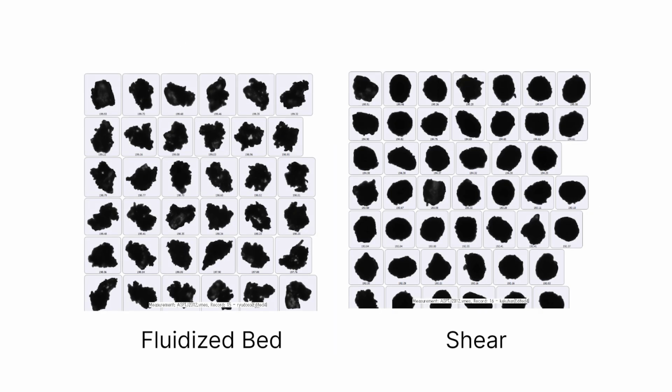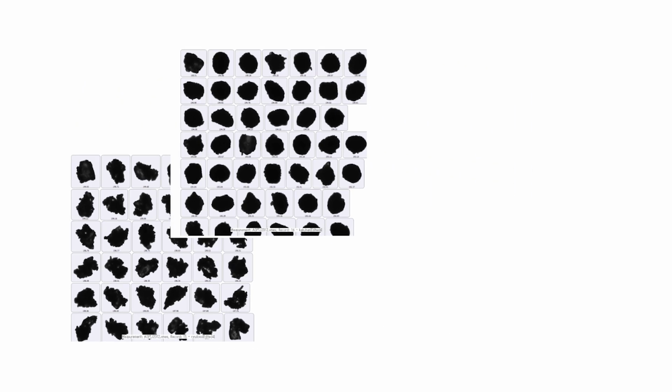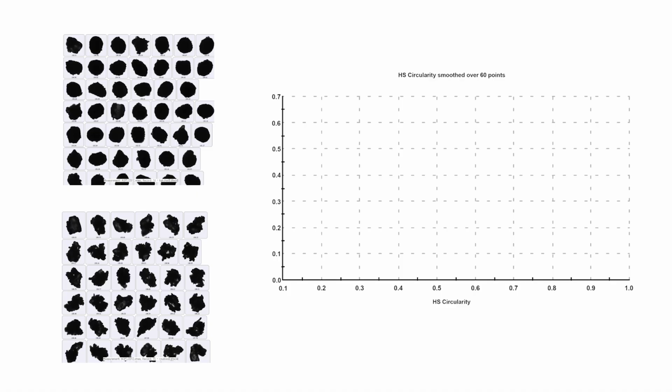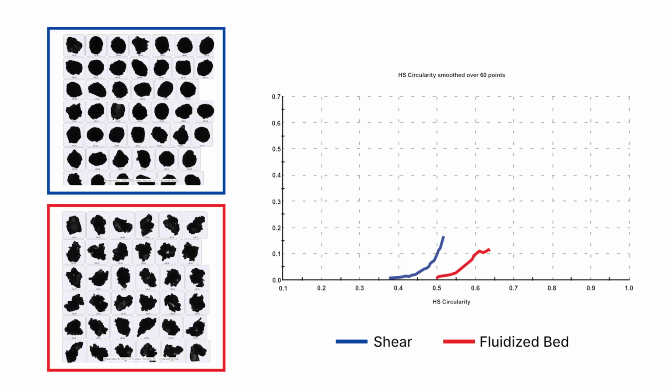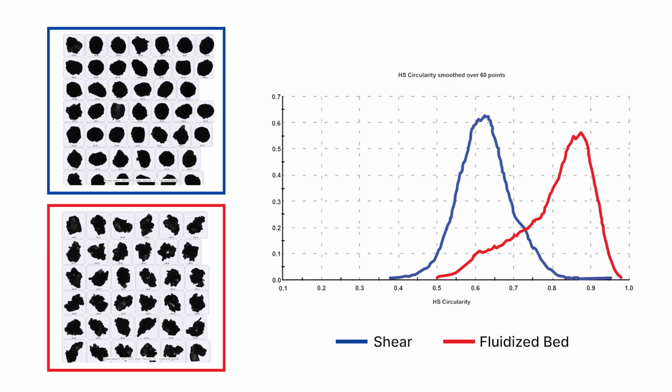So what's interesting is when we looked at the two different granules using the Morphologi 4, we saw that the shear granulated particles had a more circularity in shape. We know that more spherical particles are better at flowing, but in this case it reflected that those shear granulated particles had a more compact structure of the particles in the granule, which was formed during the granulation process.